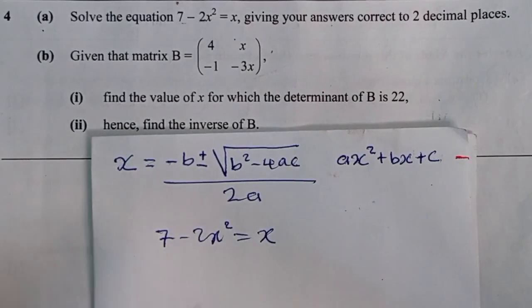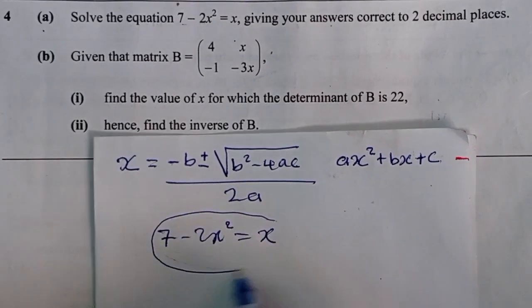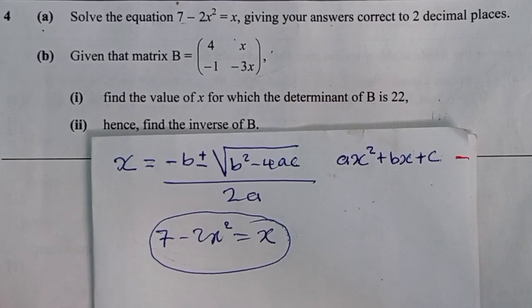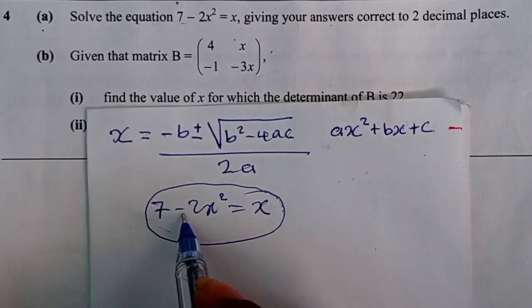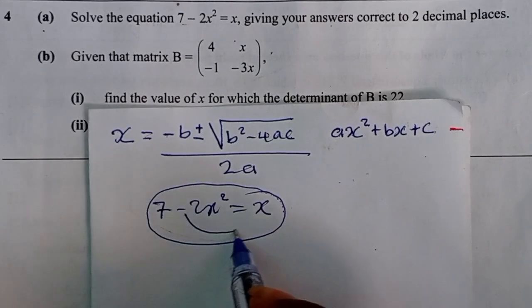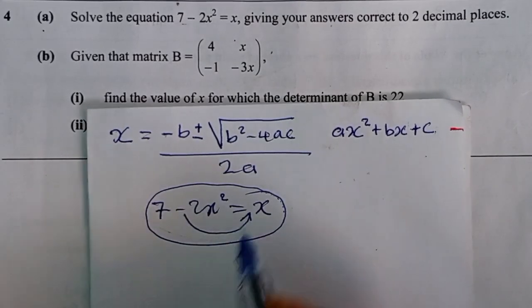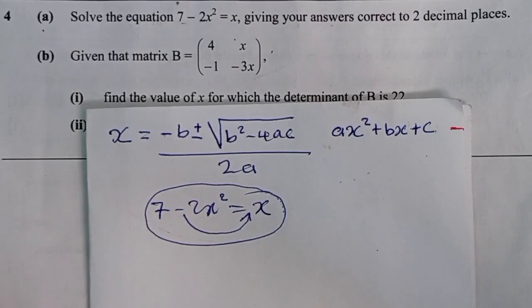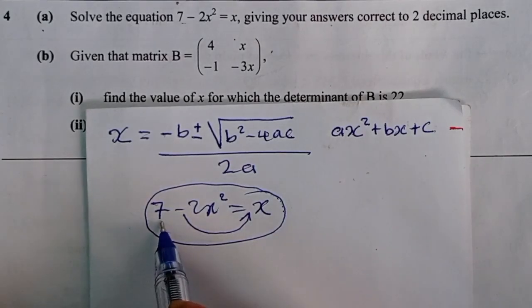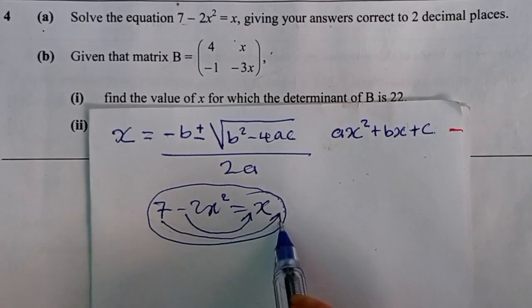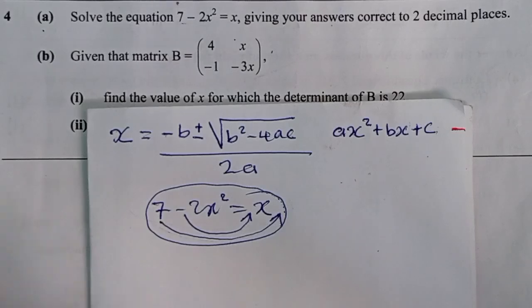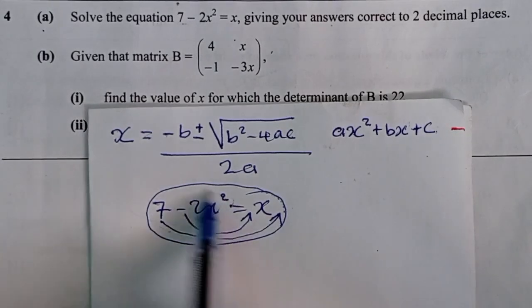So we are going to rearrange this equation. How do we rearrange? This is negative 2x squared, it will go this side and be positive 2x squared. Then this is positive 7; when it goes this side, it is going to be negative 7. So the other side is 0.